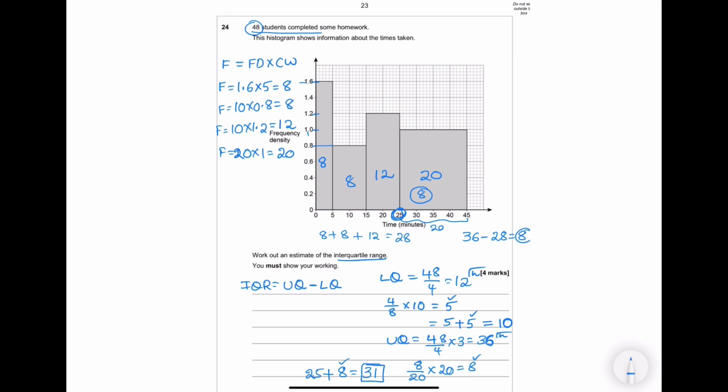So upper quartile is 31 and lower quartile is 10. Now the interquartile range IQR is 31 minus 10, which is 21. So the interquartile range from this histogram is 21.